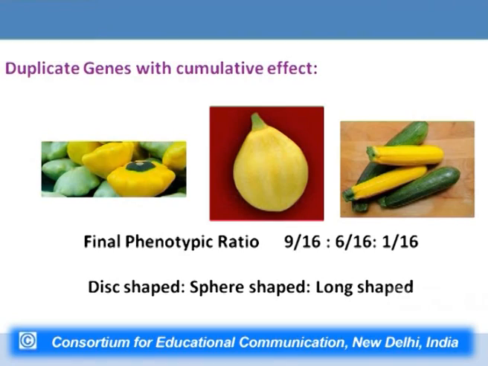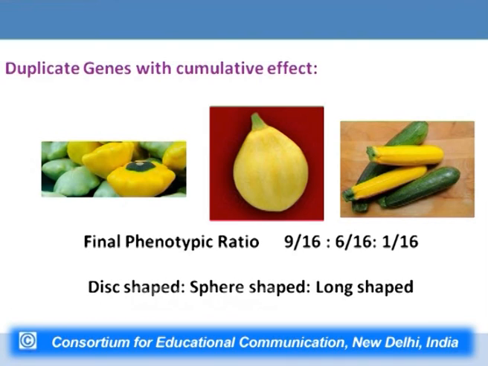The ratio of disc shaped, sphere shaped and long shaped individuals is 9:6:1, that is again a ratio of 16, and this occurs because one gene when present in dominant condition leads to one phenotype, but when at both loci the genes are present in dominant condition, they lead to a different phenotype.